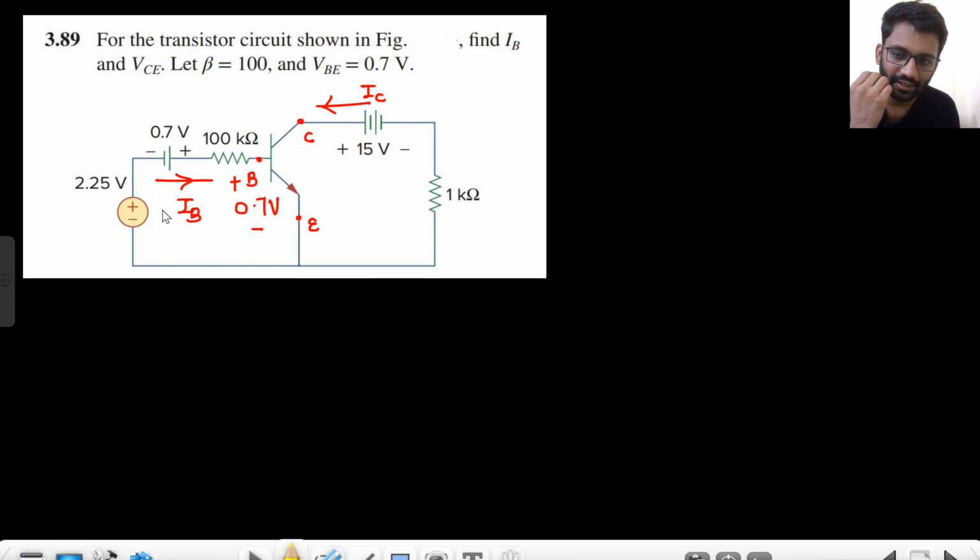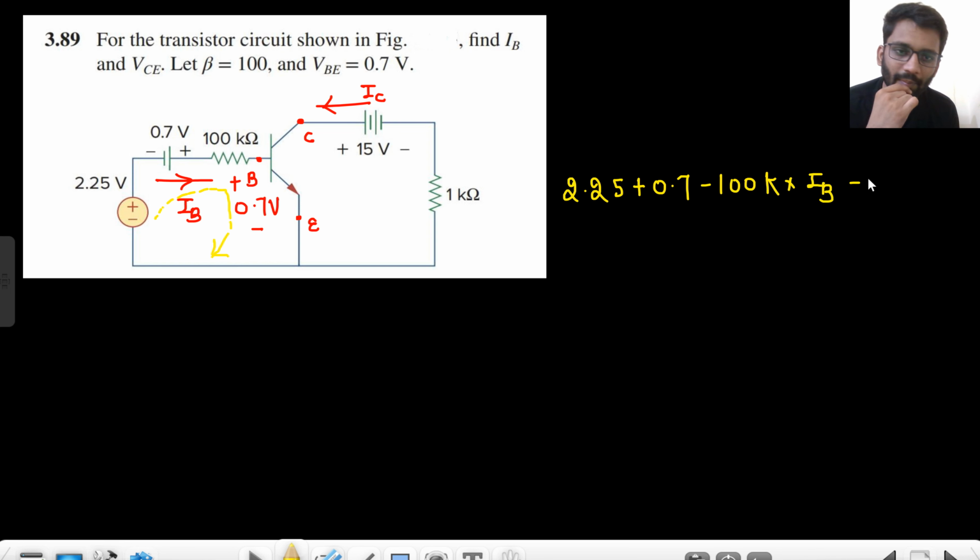So I can apply the KVL in this loop. That will be 2.25 plus 0.7. IB current is flowing like this. So minus 100k into IB minus 0.7 is equal to 0.